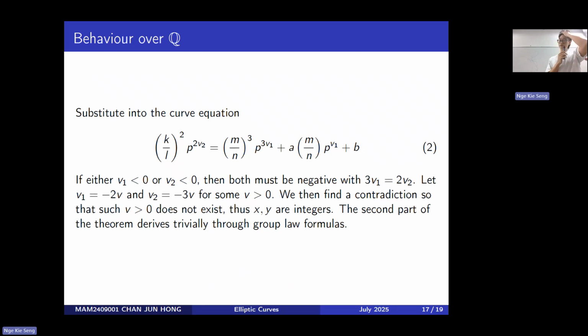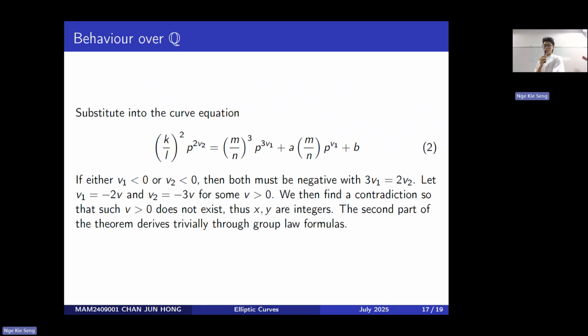So we then let v1 equal negative 2v and v2 equal negative 3v for some positive number v. The idea of this proof is then to find a contradiction so that this v does not exist, and thus x and y must be integers.